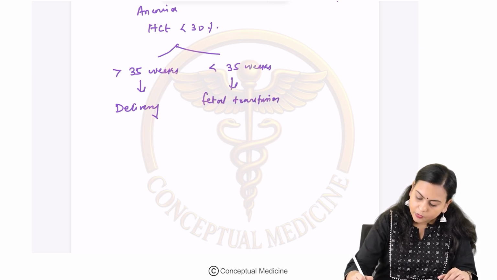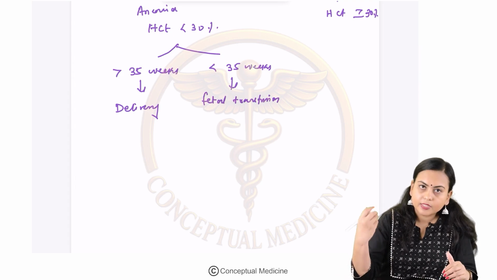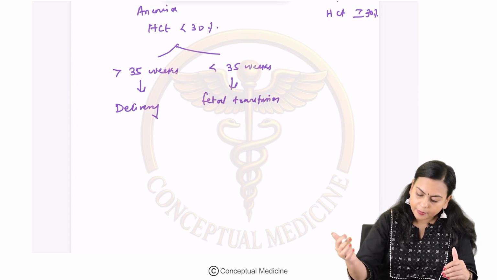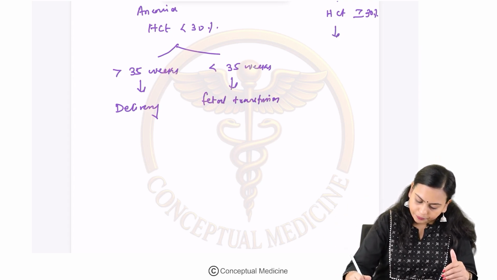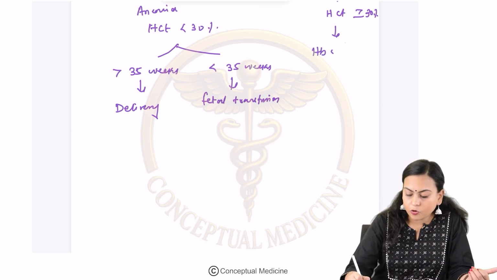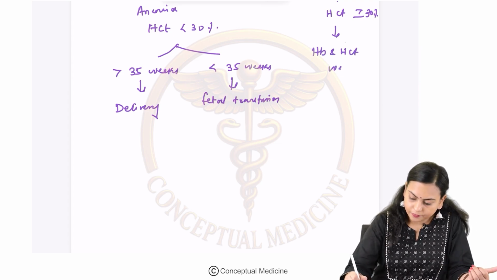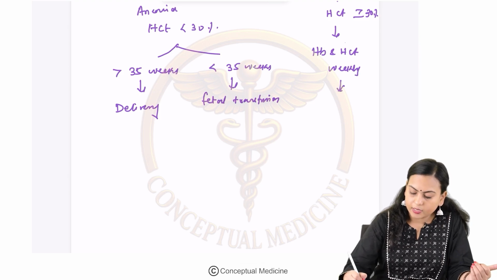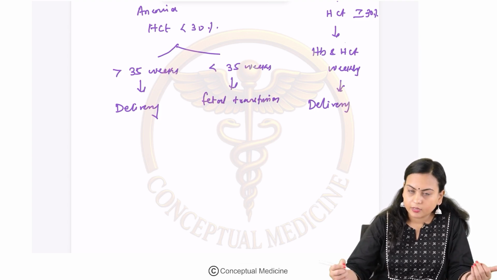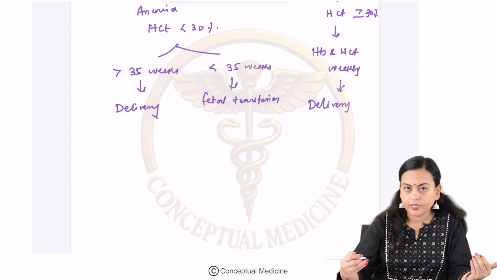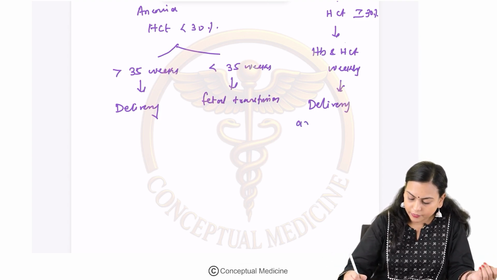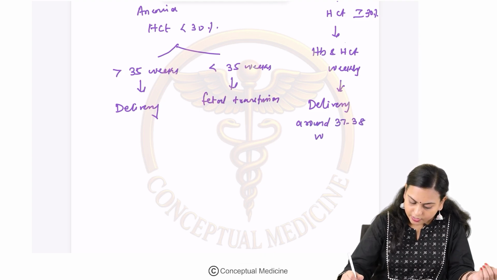Suppose the hematocrit is more than or equal to 30%, that means there is no fetal anemia or only mild fetal anemia, then you will do hemoglobin and hematocrit weekly, and when it goes below 30%, you have to deliver immediately. If not, you can deliver around 37 to 38 weeks of gestation.